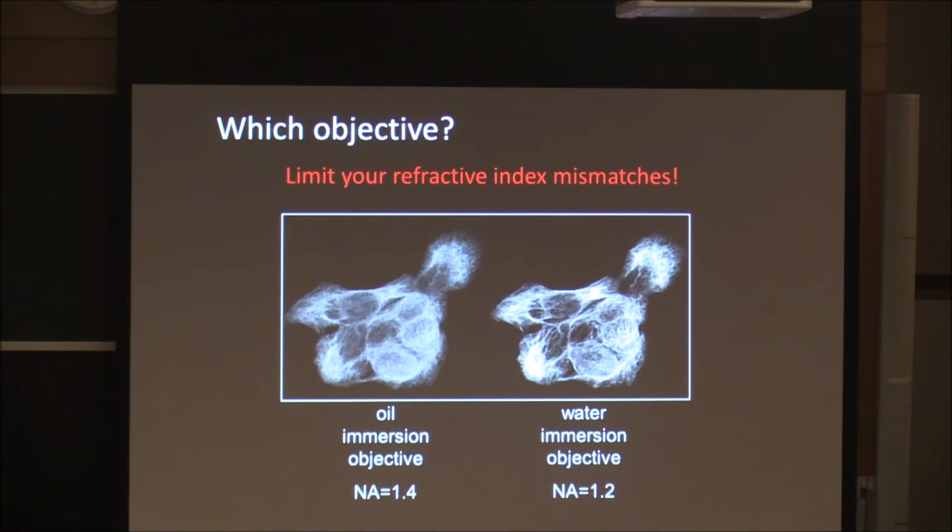And what that means is there's a big refractive index mismatch there, and you get a lot of spherical aberration. So if we take a look at the exact same sample with an oil immersion objective and a water immersion objective, you can see the numerical aperture is lower on the water immersion objective, so you'd expect a worse image. But it's actually a lot brighter and a lot higher resolution. And that's just because you have a better refractive index match throughout the sample. Okay? So this is the one situation where it becomes more important to match that refractive index than to have a good numerical aperture.